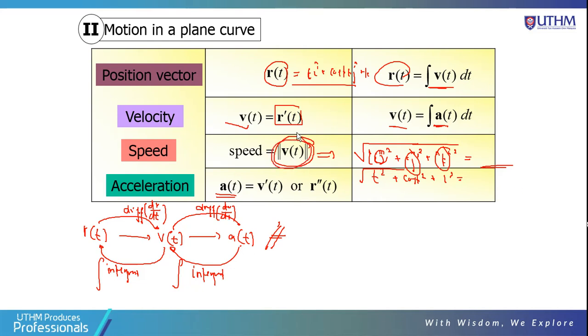These are the parameters that you can determine in motion in a plane curve. Let's say we have an example: find the velocity, acceleration and speed.